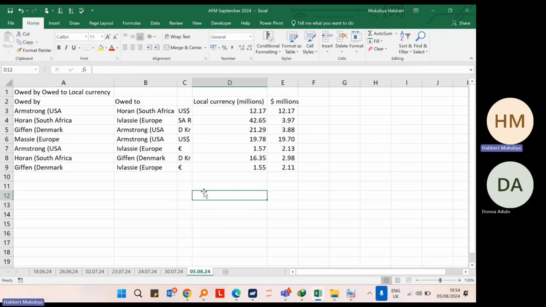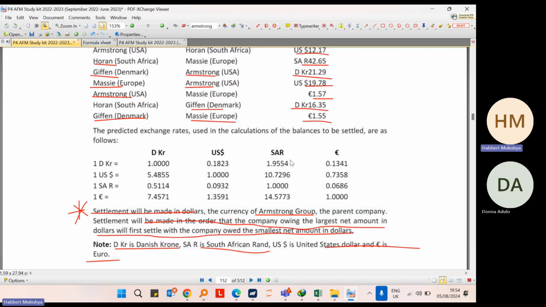So now we have the amounts that are owing in dollars. Now they said that the settlement will be made in order that the company owing the largest net amount in dollars will first settle with the company owed the smallest net amount in dollars.